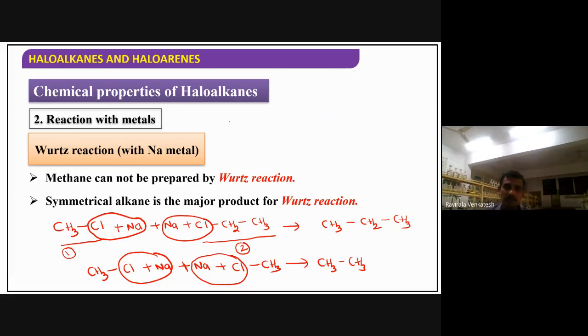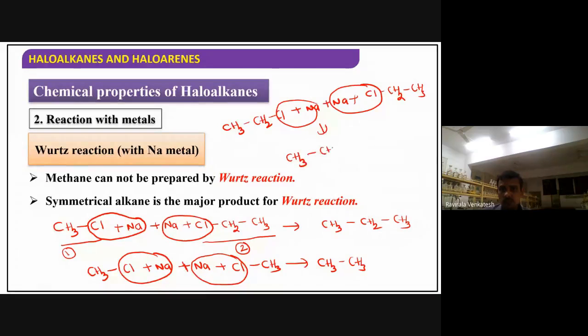Chloroethane, so CH3, CH2, Cl, again with sodium, second sodium. Again chloroethane, Cl, CH2, CH3. So what are we going to get? NaCl is removed, so here CH3, CH2, CH2, CH3.